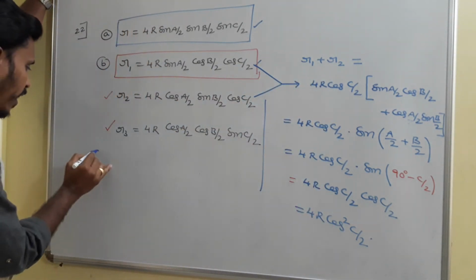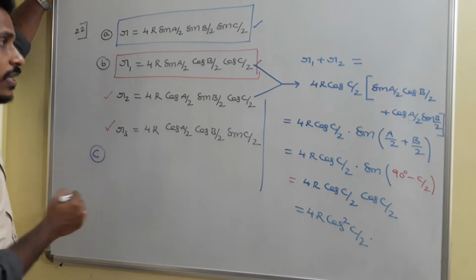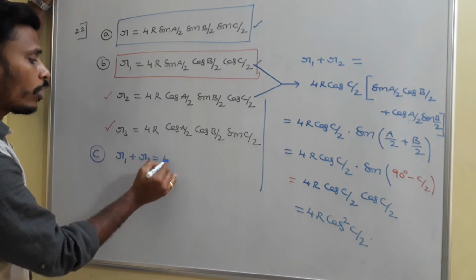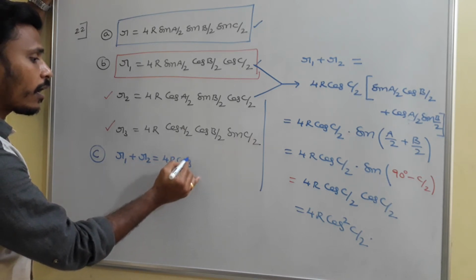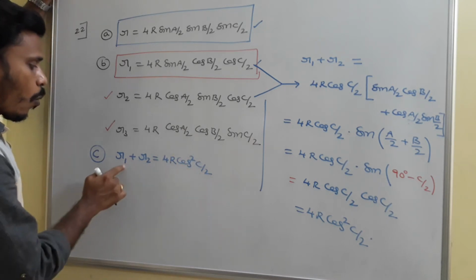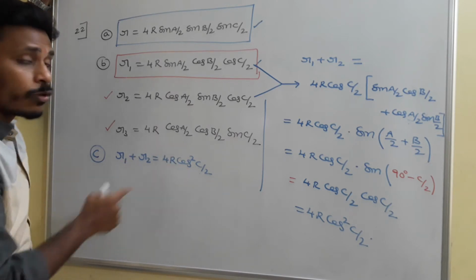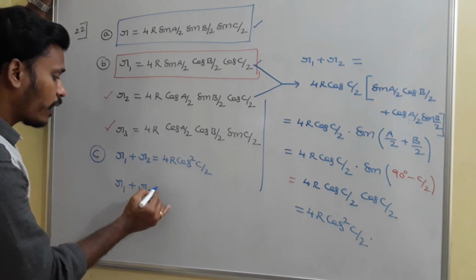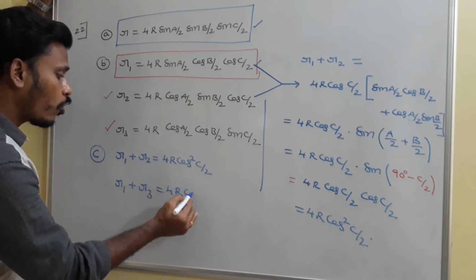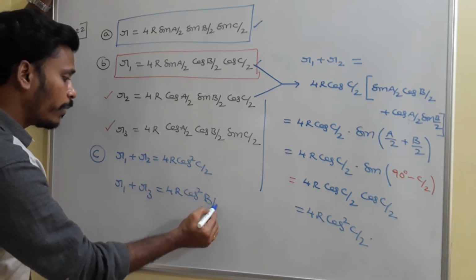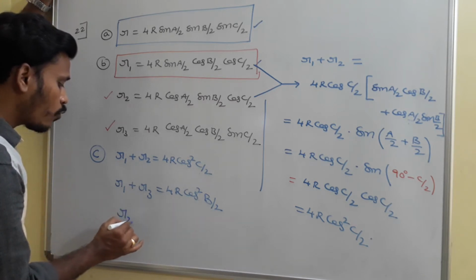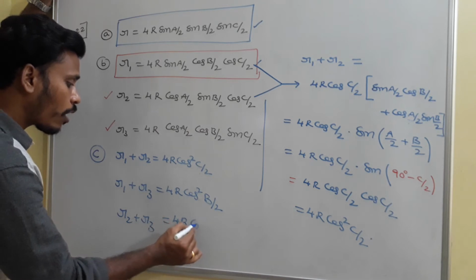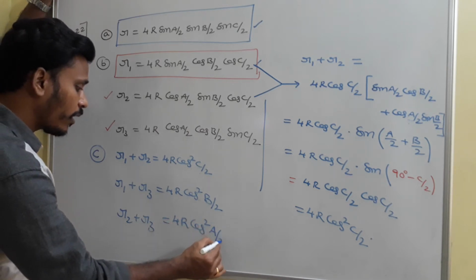So with that idea, I will write: r1 plus r2 is equal to 4r cos square c by 2. So the result is in terms of the third one, c. If you add r1 and r3, then the result is 4r cos square b by 2. Similarly, if you add r2 and r3, r2 plus r3 is 4r cos square a by 2.